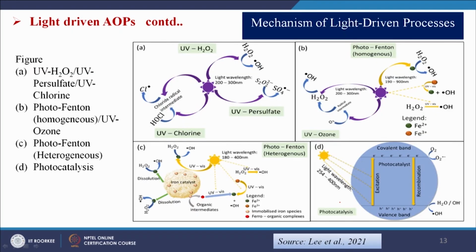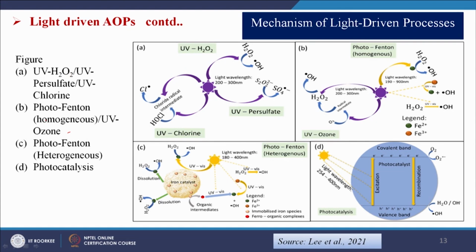Here we have seen that light of different wavelengths is used. Then we have UV H2O2, UV persulfate, UV chlorine, which we have discussed, and photo-Fenton homogeneous, UV ozone, another type of method, and photo-Fenton heterogeneous and photocatalysis. All those mechanisms are applicable in the presence of light, in light driven methods.